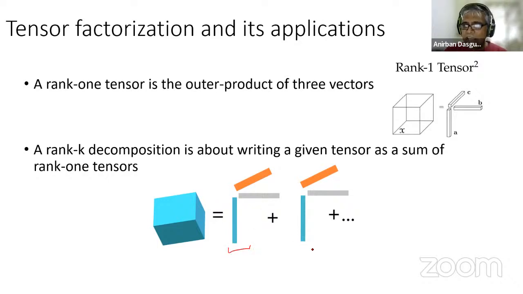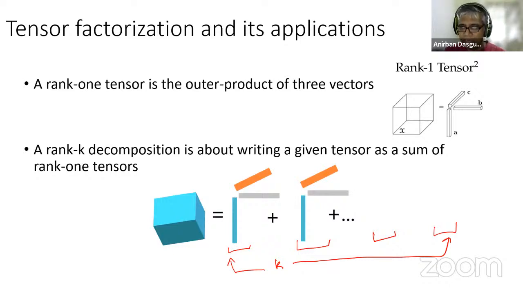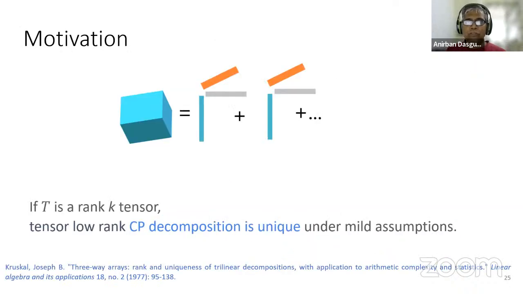Can you write the tensor as a sum of rank 1 outer products? If you can write it as a sum of K rank 1 outer products, I say that is a rank K decomposition of the tensor. Basically, I approximate it by a sum of K rank 1 tensors.